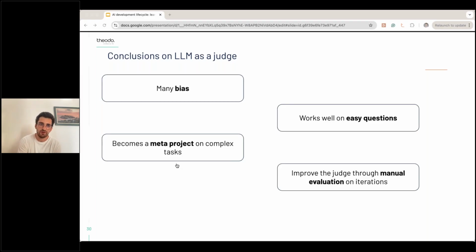And the last conclusion we had is that you can actually improve your judge through manual evaluation. You do so when iterating on easy questions, because that's where we used it.